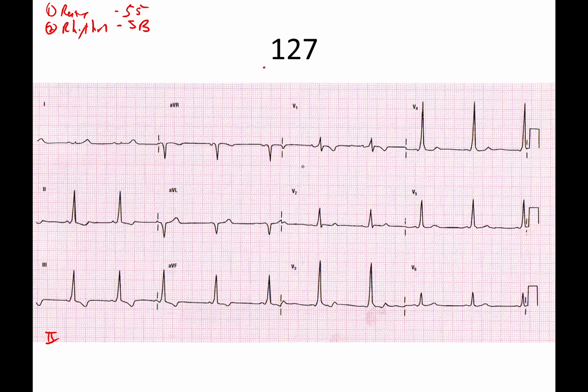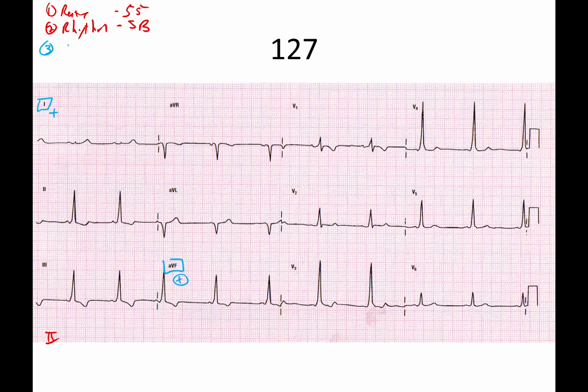So we'll look for our mean QRS again. And then we'll see that this one is ever so slightly positive. And our lead 1 and our lead AVF is very positive.